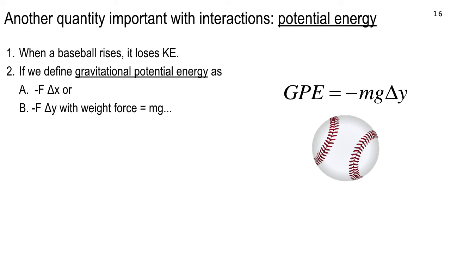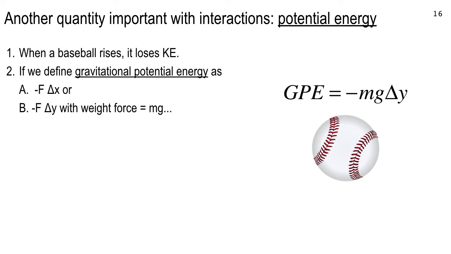The g also still contains negative 9.8. The delta y would be negative if it's falling, but it would be positive if it's going up. So if something's going up, you have a positive delta y, you have negative 9.8 for g, and you have that minus sign out in front of everything.